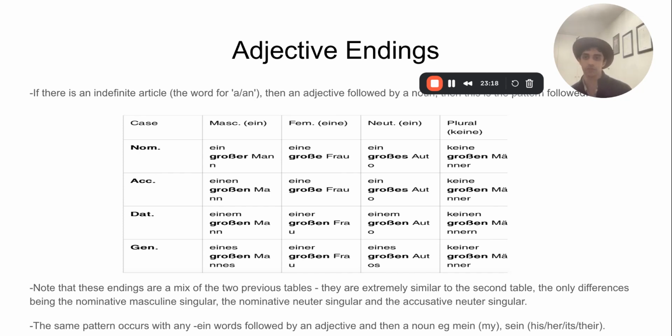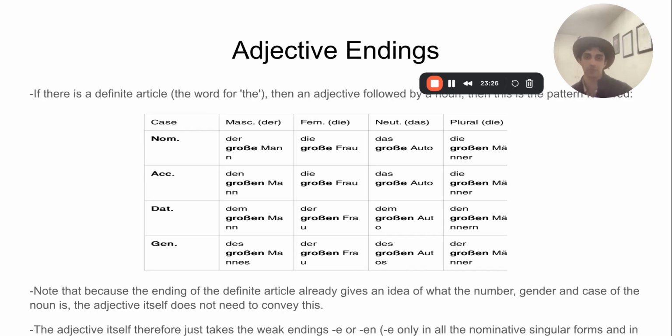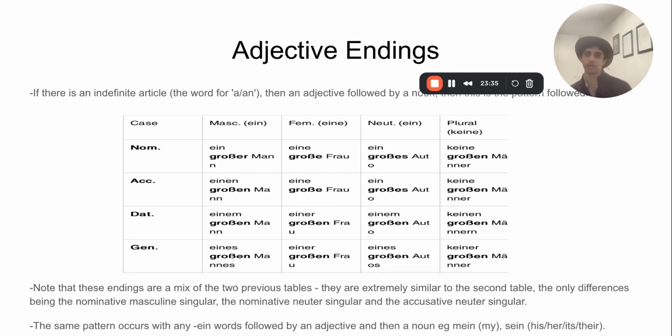Everything else, apart from the nominative singular masculine, the nominative singular neuter, and the accusative singular neuter, is exactly the same as the second table that we saw with the weak endings. So if you know those weak endings by heart or well, that sets you up really well for this table too.